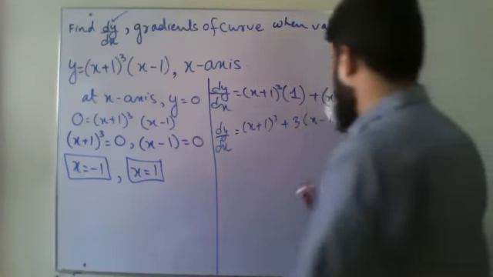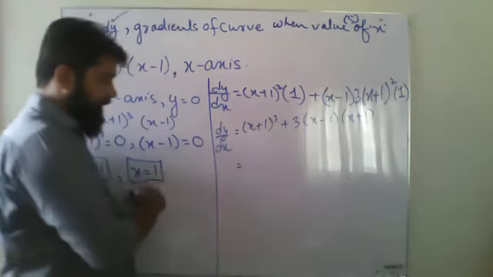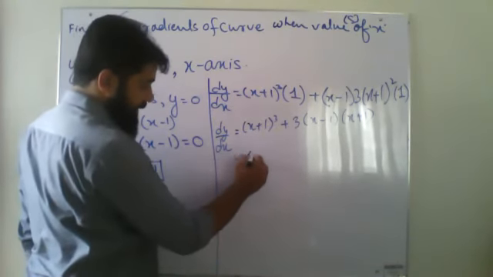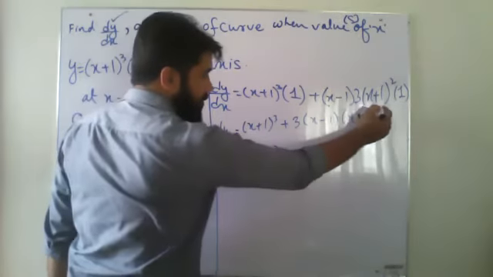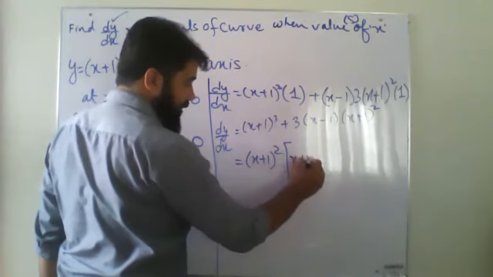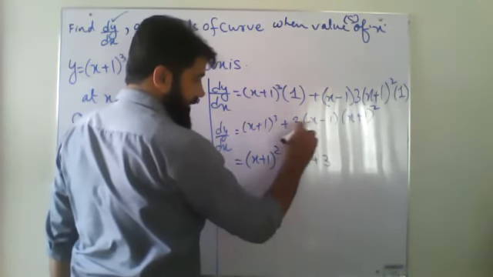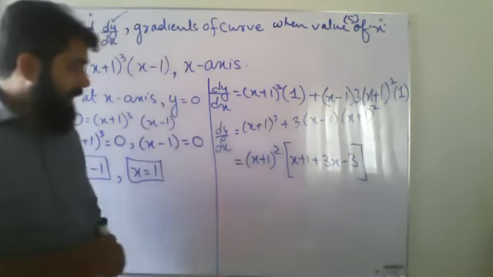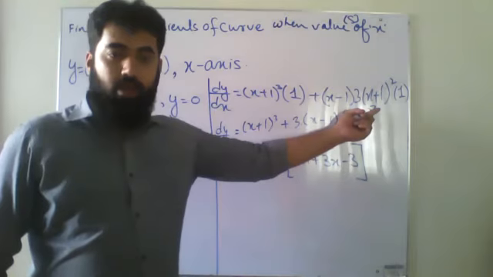Okay, so how I'm going to solve it? Now, before putting my values, what I'm going to do, I will be taking (x plus 1) whole square common. So what will remain? (x plus 1) plus 3 multiplied by this will be 3x minus 3. What I have done, I have seen that this one is (x plus 1) whole cube, this one is (x plus 1) whole square.